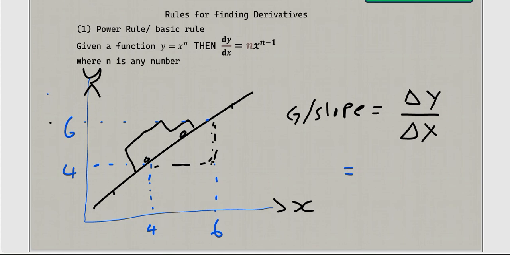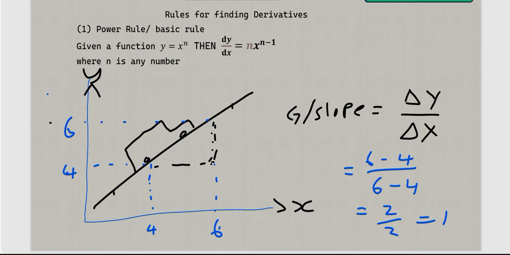Change in y is this 6 minus this 4, divided by 6 minus 4 again for the x-axis. So you're going to get 2 divided by 2, which is 1. So the gradient of this line is actually 1.